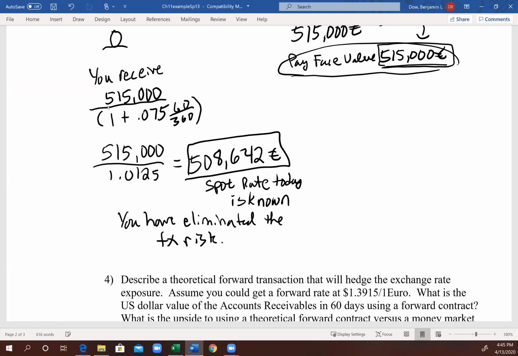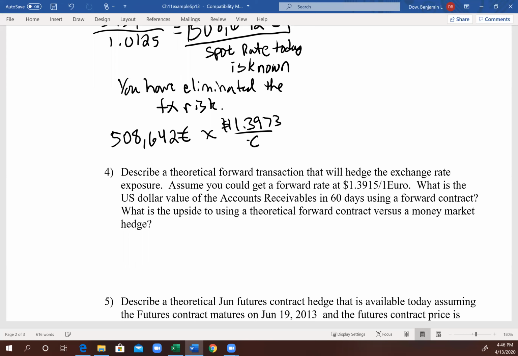Since the spot rate today is known, we can convert the euros we received from the sale of the money market security into dollars. And I'm kind of rounding off here.